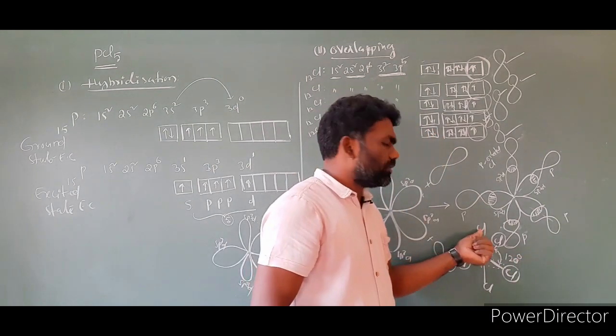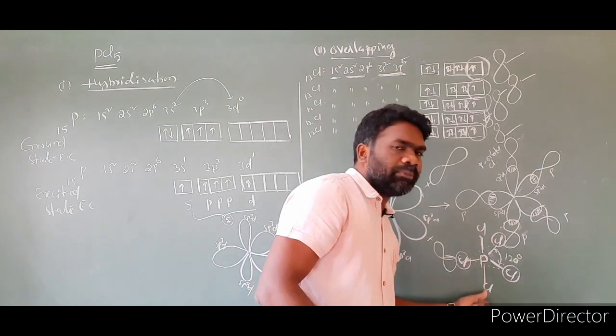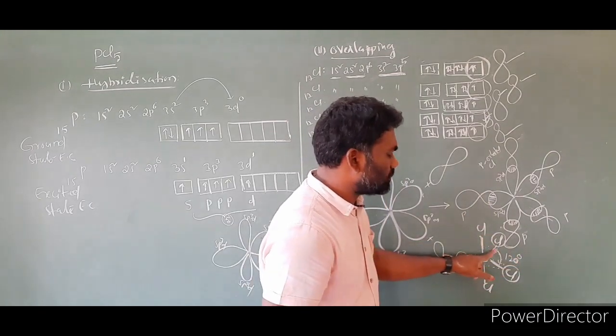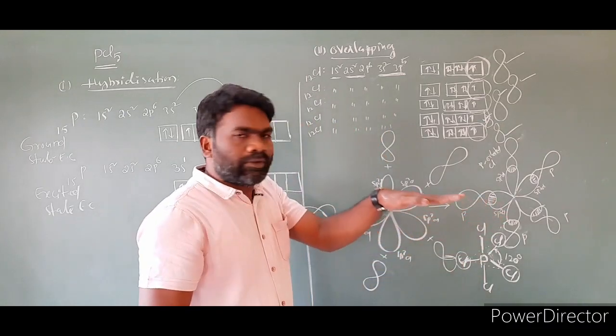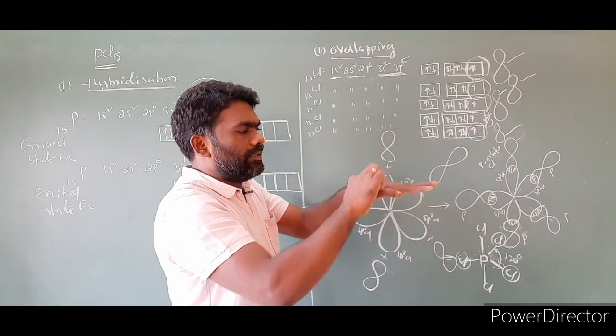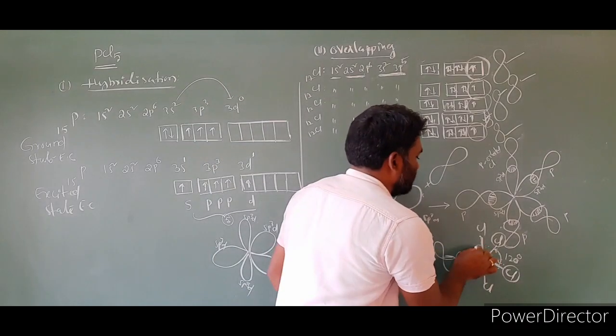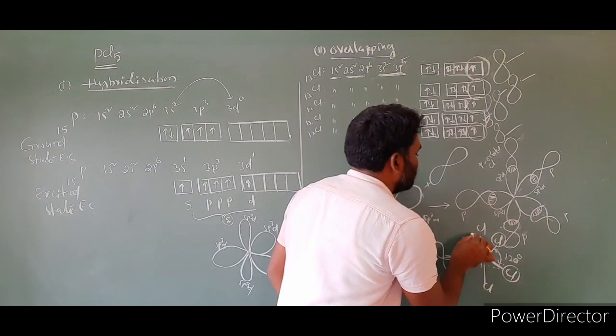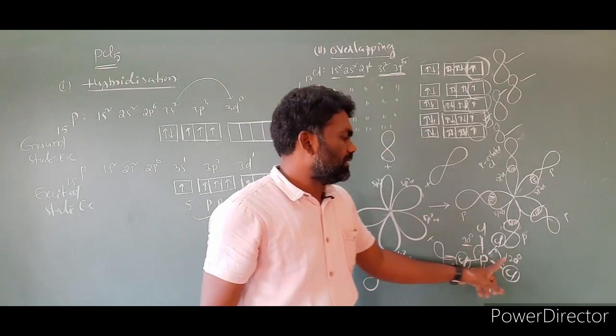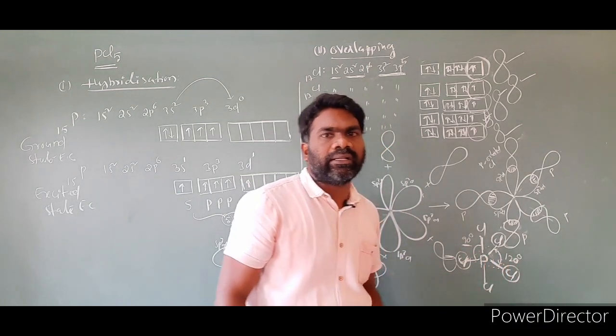And of the remaining chlorines, one chlorine is above the plane, one chlorine is below the plane. So the angle between these will be taken as, one chlorine is above the plane. This angle is how much? 90 degrees. This angle will be taken as 90 degrees. So the angles are 120 degrees and 90 degrees.